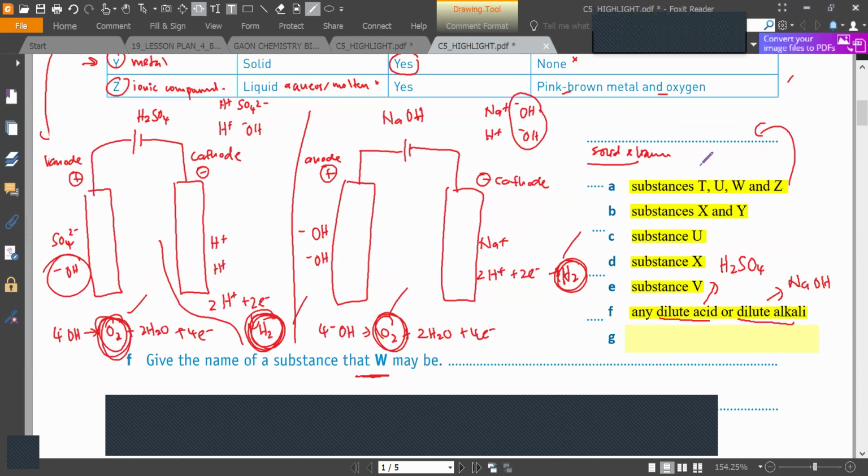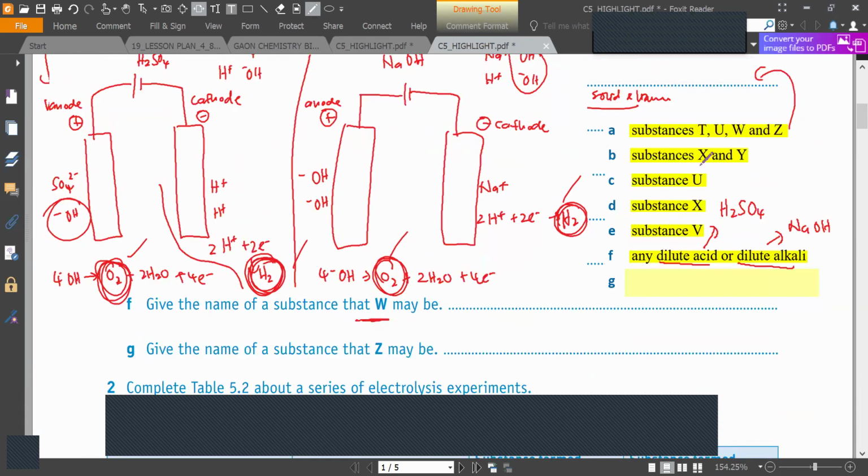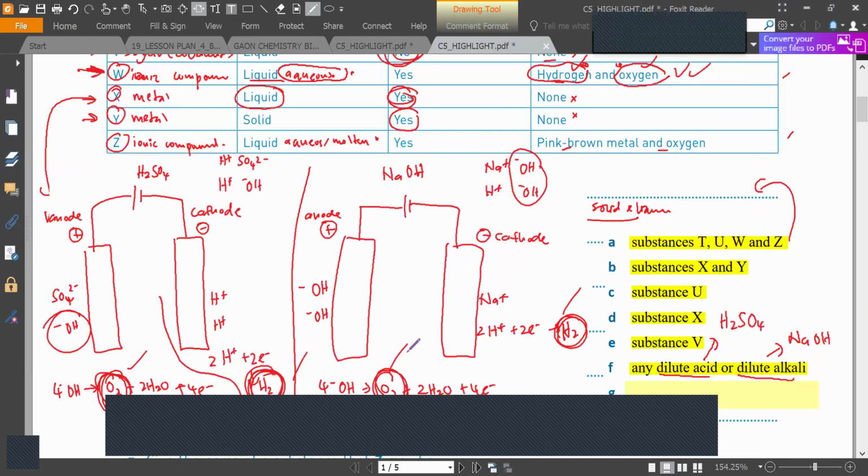So that's the idea. Final question: give the name of substance Z. Z is an ionic compound that produces a pink brown metal and oxygen.